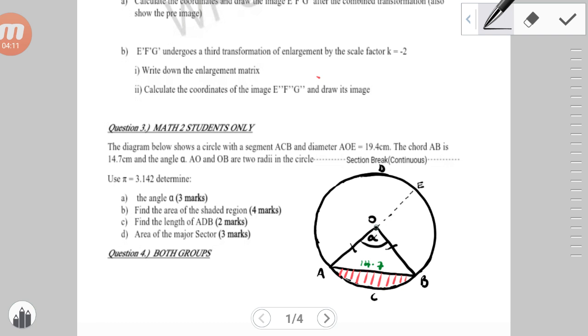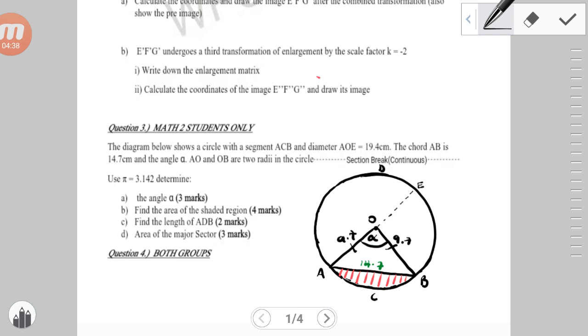A radius is a line that runs from the center of the circle extended to the edge of the circumference. So 19.4 divided by 2 gives us a distance of 9.7 and 9.7. That is how we end up having all three sides.